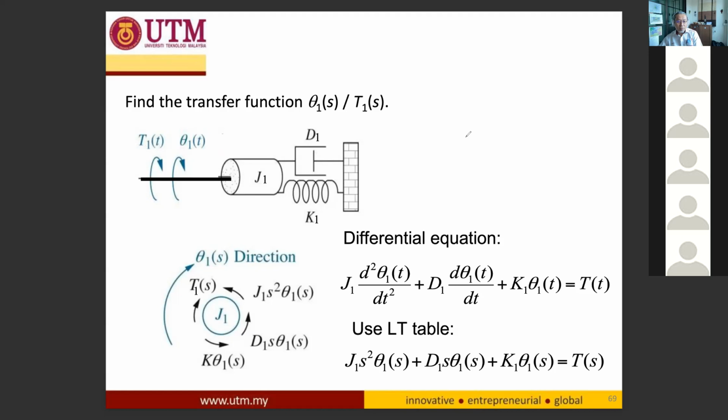We are not considering the axis like X, Y, Z. We only follow and consider the directions of each input, output, and the rotational Laplace as shown here. So there is no axial involved in this case.